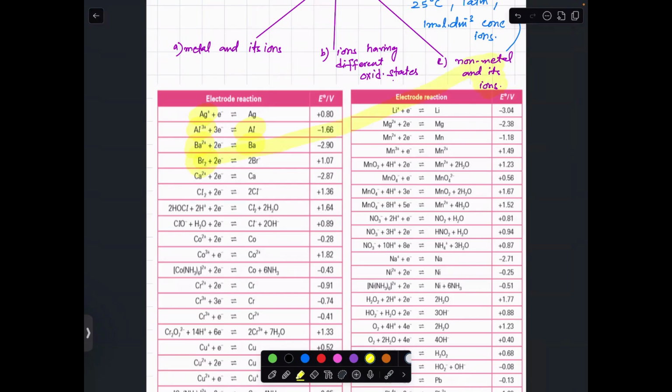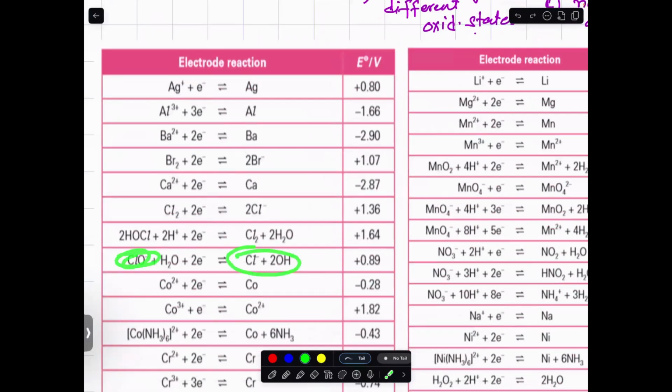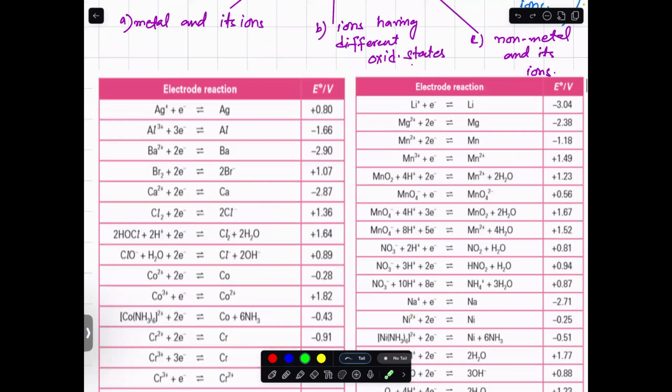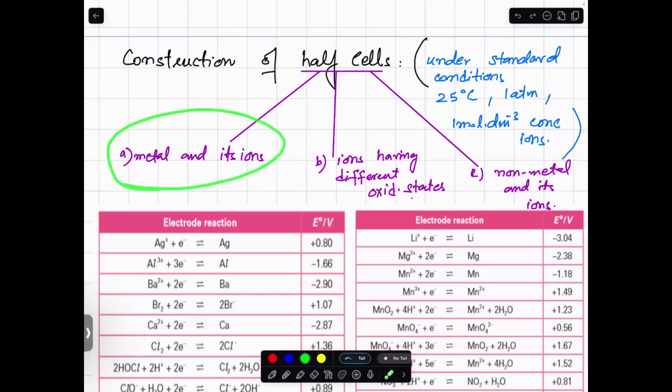Non-metal and its ion. Next, this is again metal and its ion. Again non-metal and its ions. And this we can say, ions having different oxidation states. These are divided into 3 situations so that we can construct them easily.